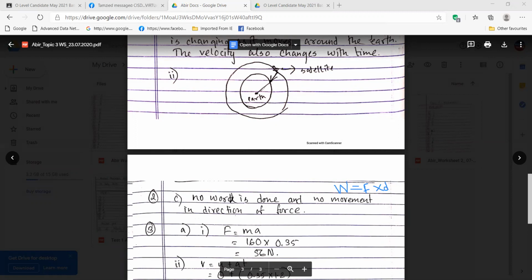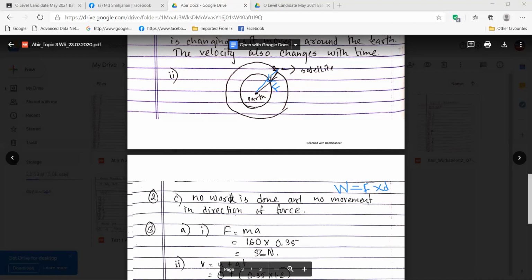Yes. There is one force working towards the Earth. So according to the definition of work done, there should be distance moved in the direction of force, right?